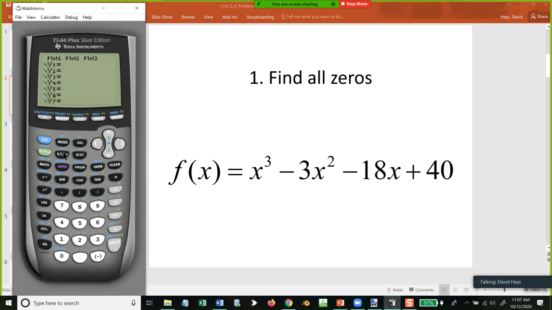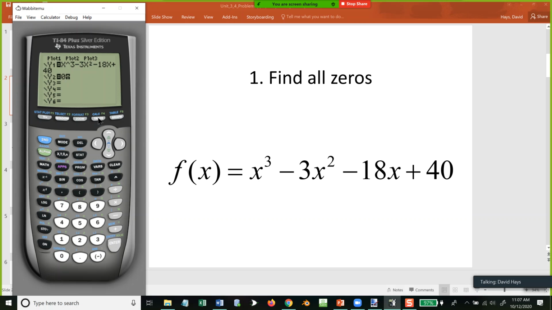Go to y equals, x caret 3 minus 3x squared minus 18x plus 40. Then we'll put a 0 on y2. Now your largest power tells you how many answers you're going to have. So since we have the third power, that means we're going to have 3 answers. So again, largest power tells you how many answers.